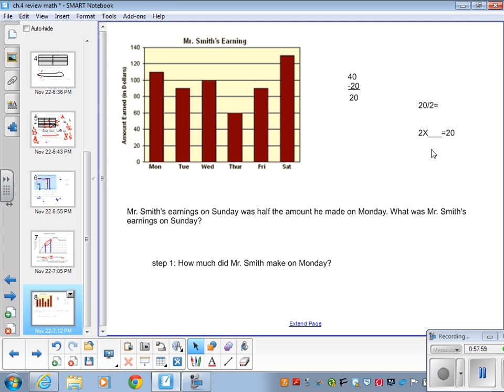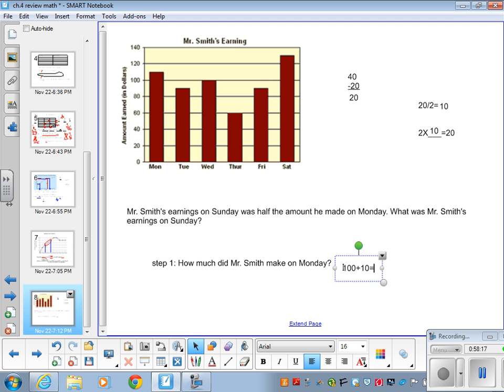If you said 2 times 10 gives you 20, you're correct. So that means that 20 divided by 2 is 10. So I have to take 100 and add 10 more. And I'll get his earnings for Monday. What's 100 plus 10? You're right, $110.